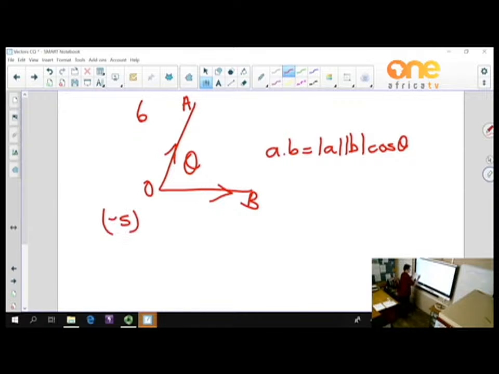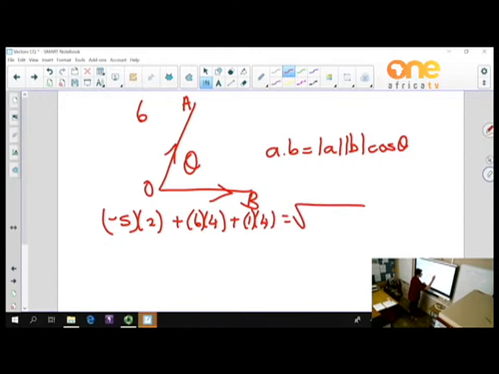What is A dot B? Negative 5 times 2 plus 6 times 4 plus 1 times 4 is equal to, so now we get the magnitude of the one vector OA. So it is the square root of negative 5 squared plus 6 squared plus 1 squared.